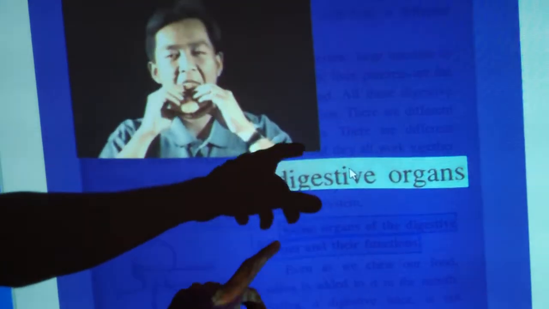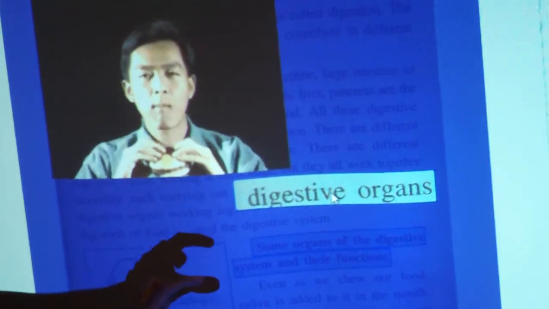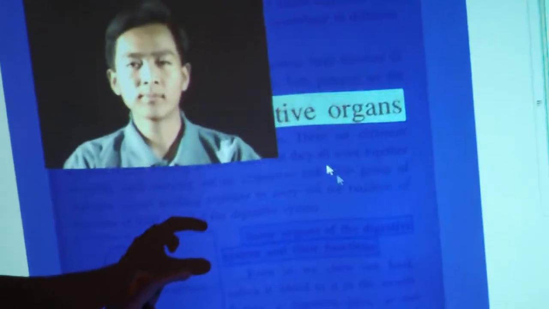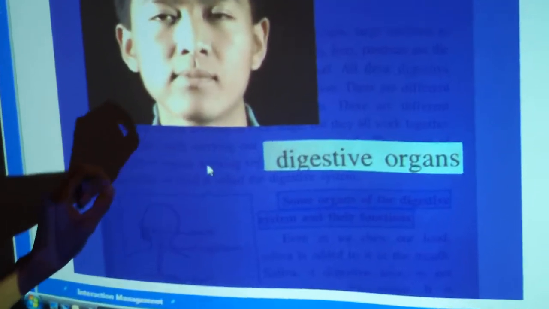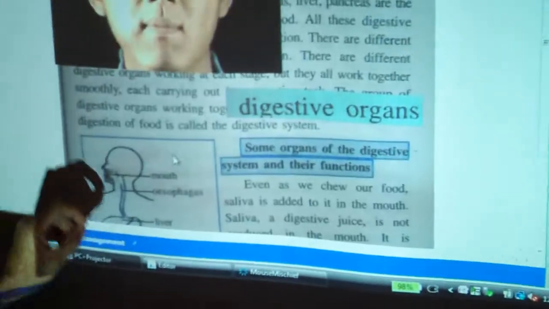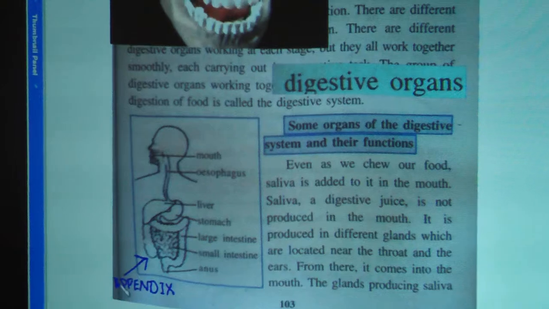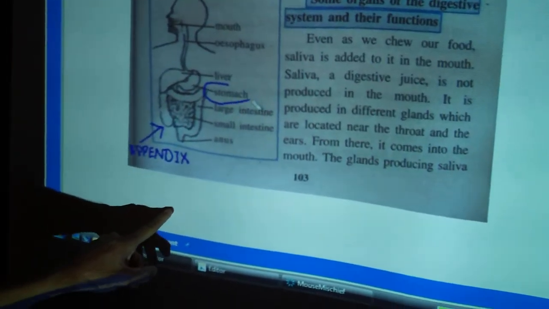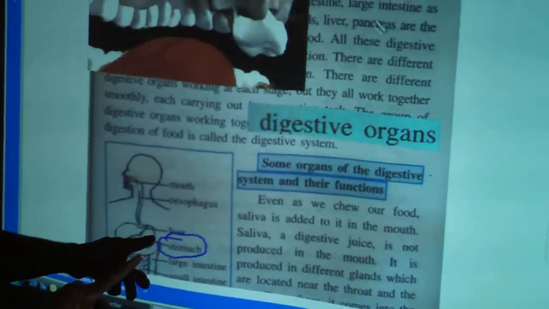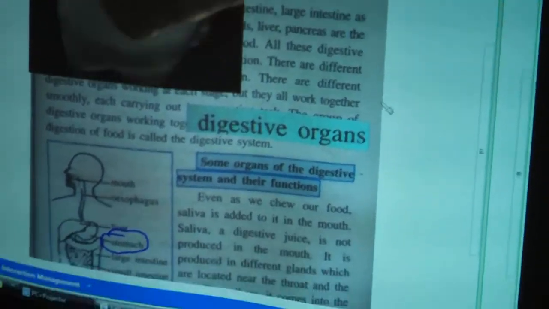Digestive organs is what this page is about. She picked that out from the textbook and is playing around with that. That's a key phase for the video, and in parallel the video is playing. And on top of all this, the teacher can also make her own notes, annotating whatever she wants.